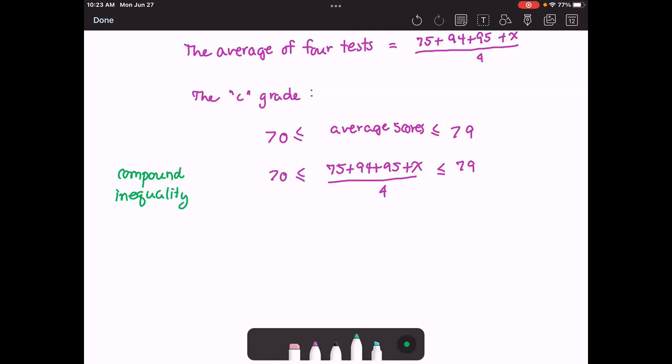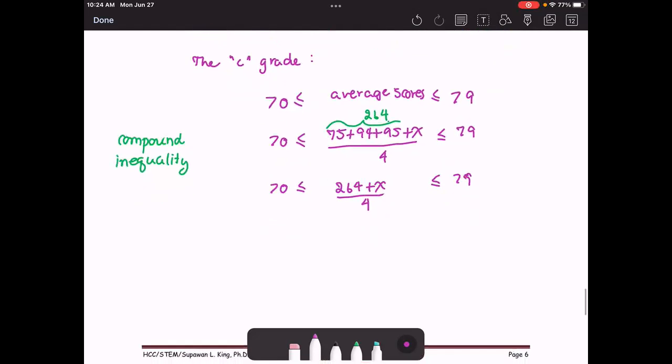And then we just simplify the numbers. The left-hand side stays at 70, less than or equal to the sum of these three numbers, which is 264. So we get 264 plus x, all divided by 4, less than or equal to 79. And then multiply all three parts by 4. Multiply by 4, multiply by 4, and multiply by 4.